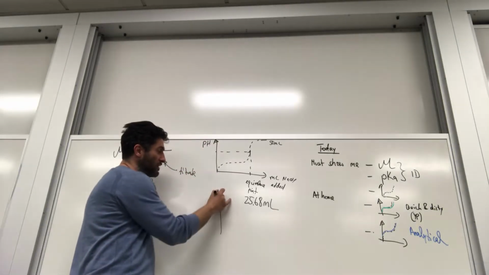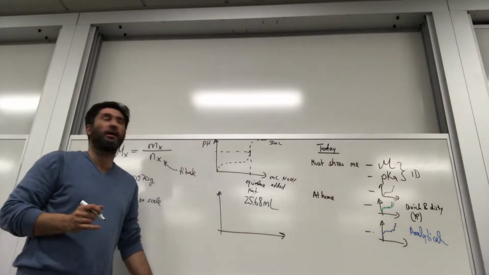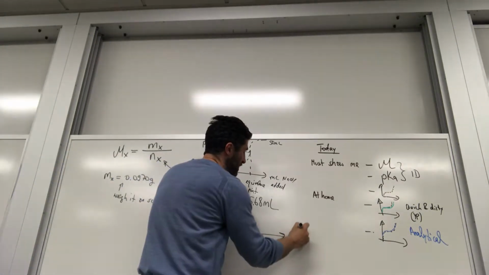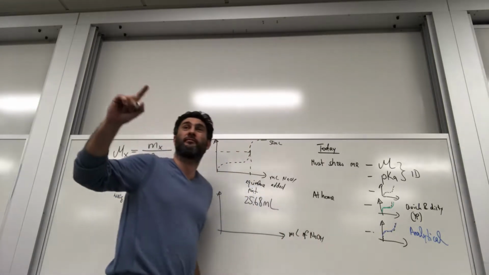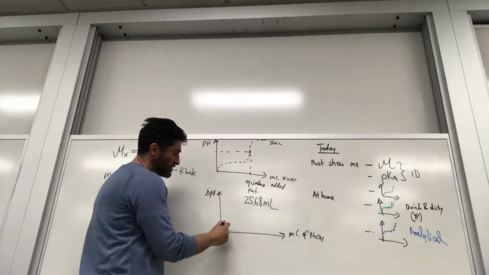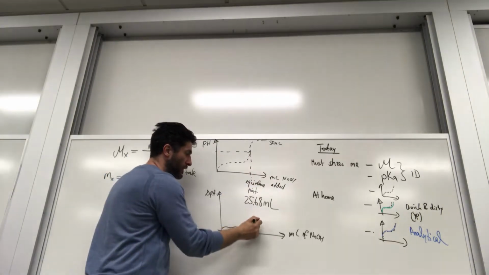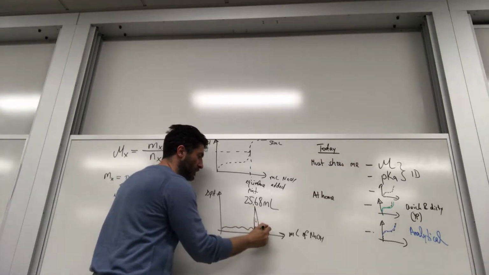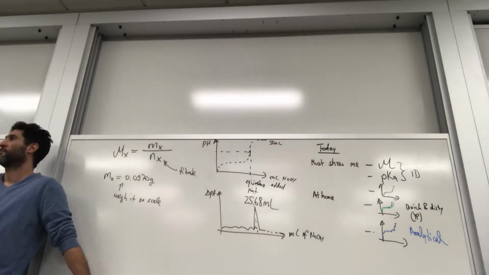So there was another graph. And the x-axis was the same, milliliters of NaOH added. Delta pH. And how does it look like? It's supposed to look like small, but at equivalence point, there's supposed to be a peak. Why?